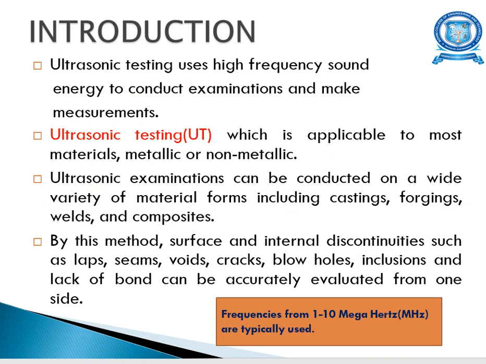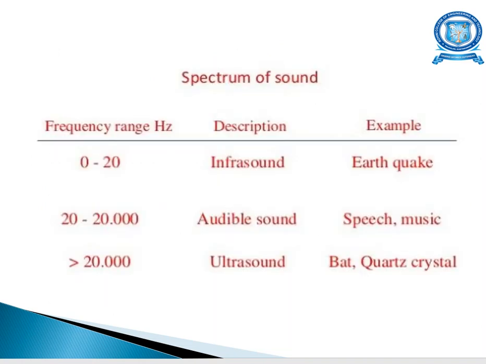The sound waves normally used here have a frequency from 1 to 10 megahertz. This is the spectrum of sound. The frequency range from 0 to 20 hertz is described as infrasound; an example is an earthquake.